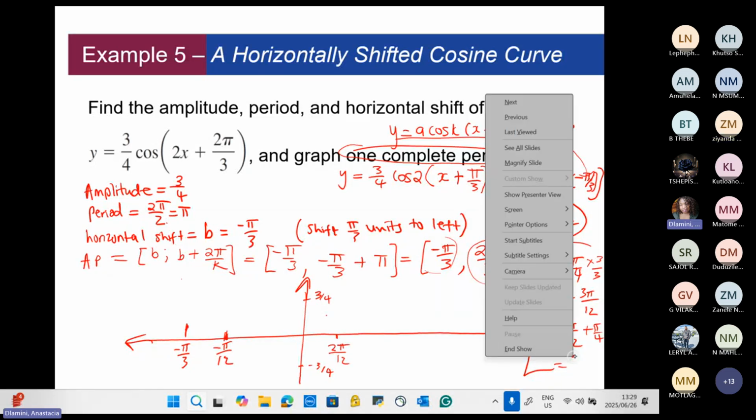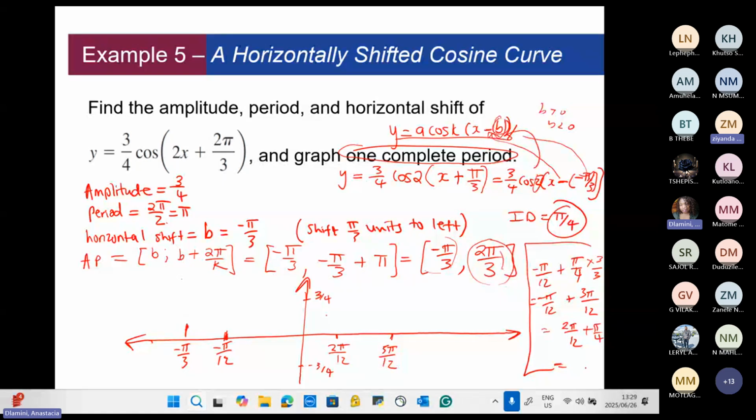Then 5 pi over 12 plus another pi over 4 is 8 pi over 12. And 8 pi over 12 is the same as 2 pi over 3.